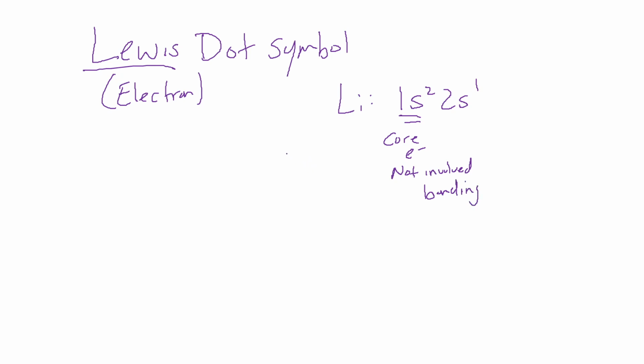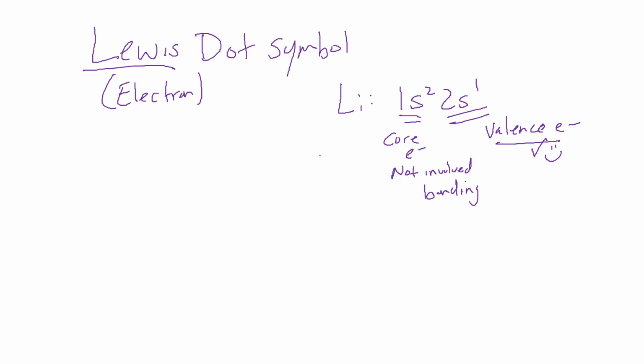Because they're close to the nucleus, they're held tightly and not involved in bonding. It is these guys over here, the second energy level in this example, that are known as the valence electrons. The valence electrons are the outermost, highest energy electrons, and yes, they are involved in bonding.